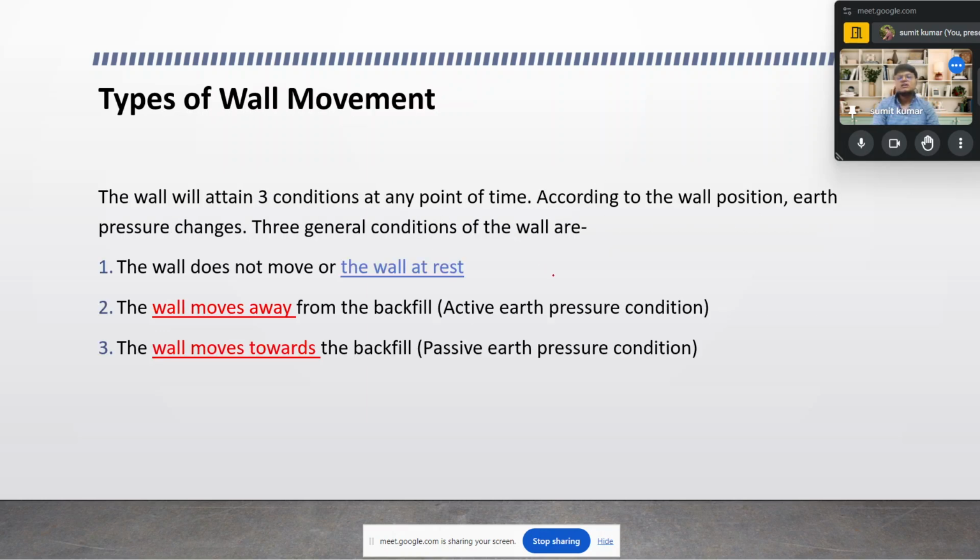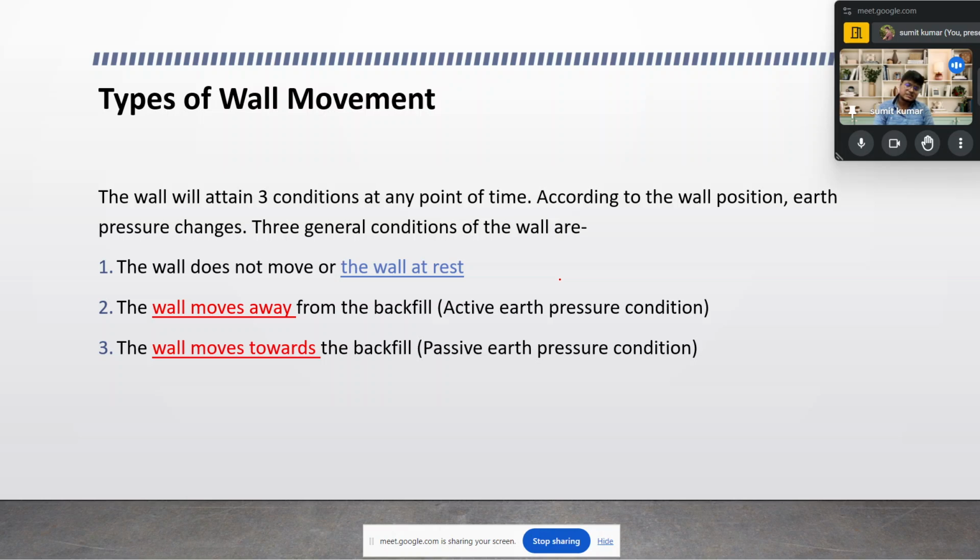Okay. So see the types of wall movement which are possible, as it has been said many times that the wall can attain the three conditions at a point of time. According to the wall position, earth pressure changes, and the three general conditions of walls are: first, the wall is at rest, that is, the wall is not moving towards or away, it stands in the same position without being affected by the soil at the backfill.